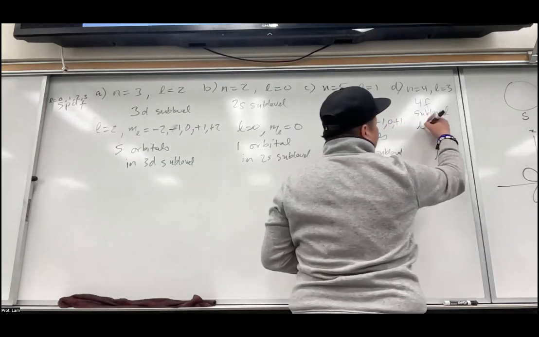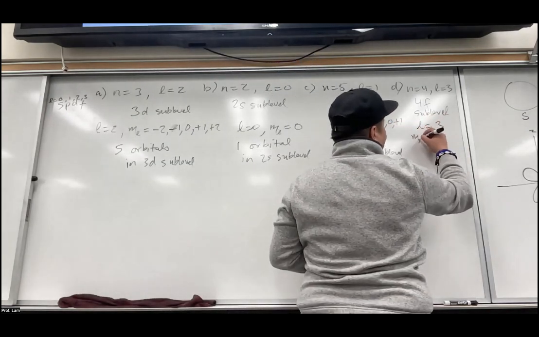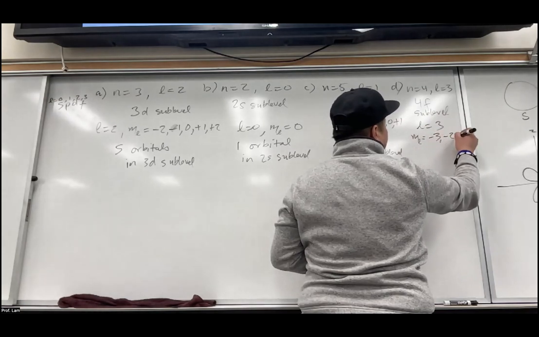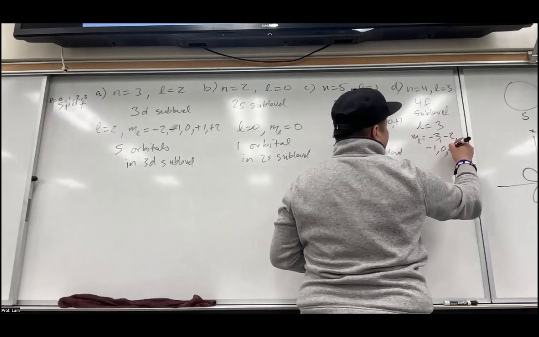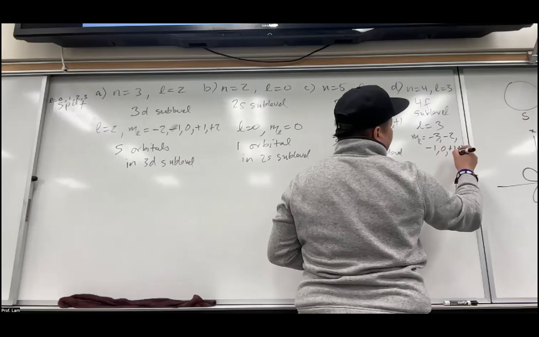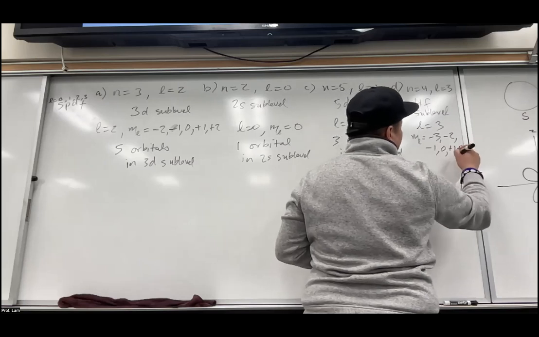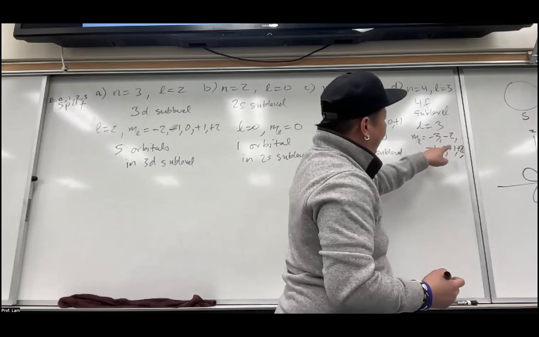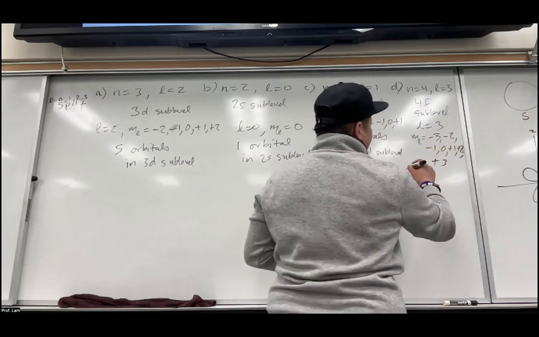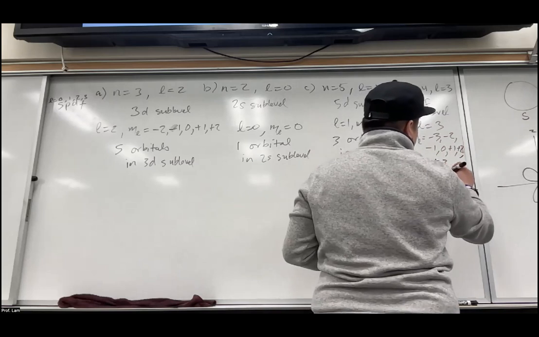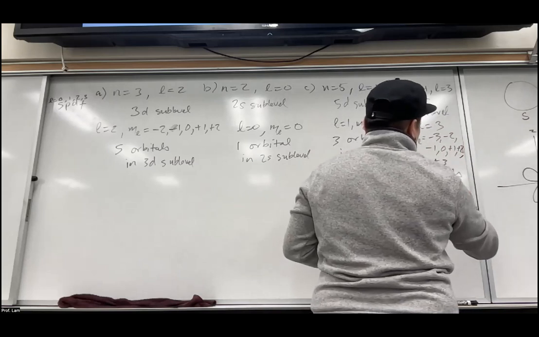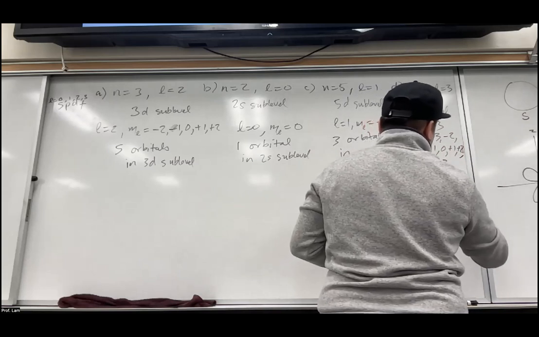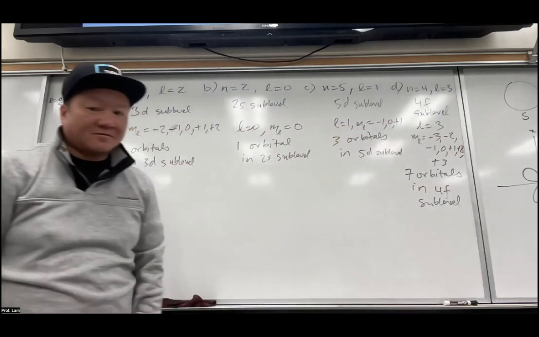When L is equal to 3, ML can be -3, -2, -1, 0, +1, +2, +3. That's 1, 2, 3, 4, 5, 6, 7. So there are 7 orbitals in the 4F sublevel.